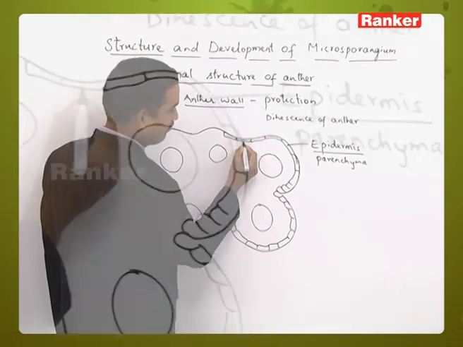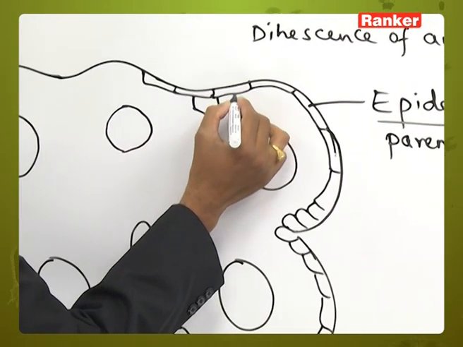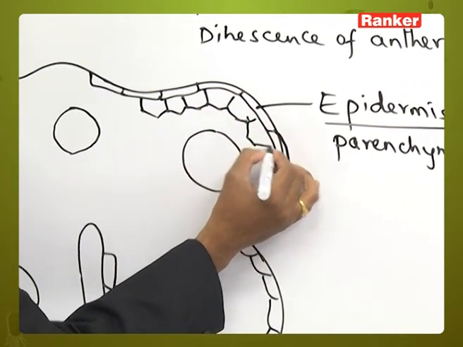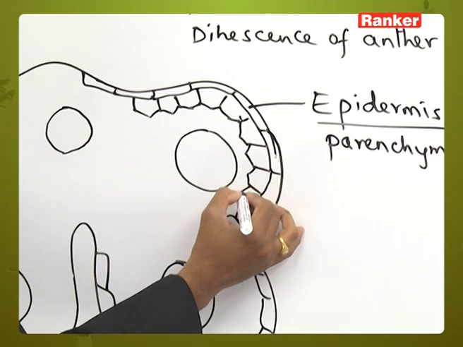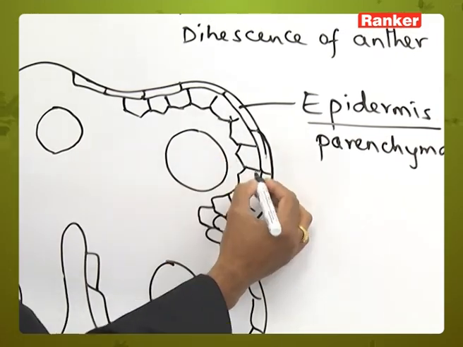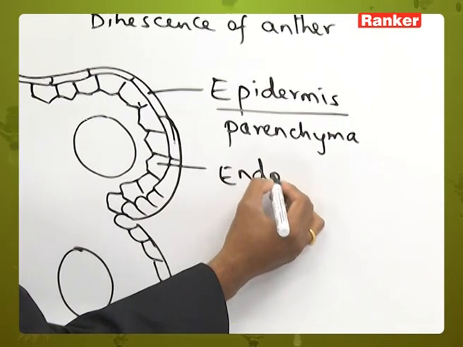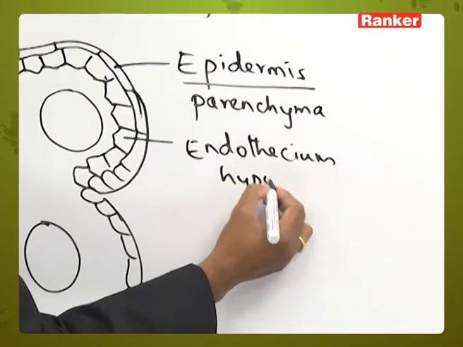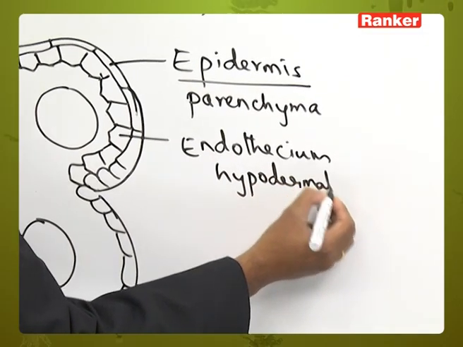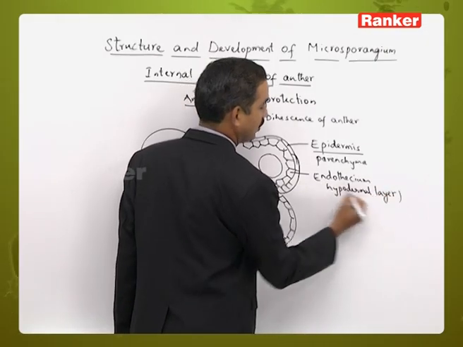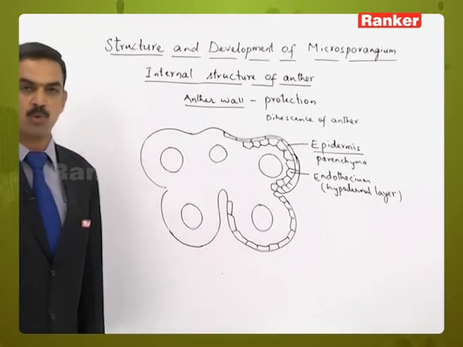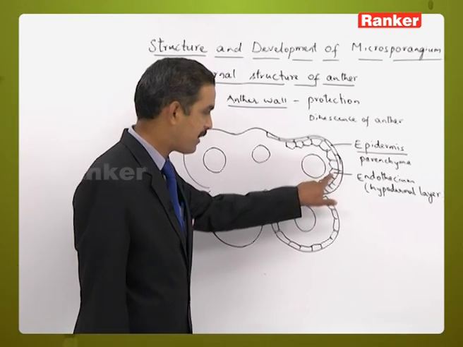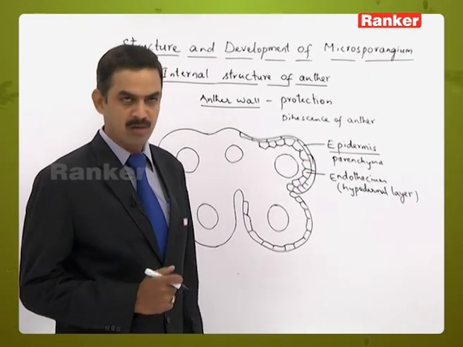Below this, there is one more layer, that is called as endothecium. This layer is called as endothecium, which is considered to be the hypodermal layer. Why is it considered a hypodermal layer? Any layer which is present just below the epidermis, we consider it as a hypodermis or hypodermal layer. As this endothecium is present just inner side to epidermis, we consider it as a hypodermal layer.